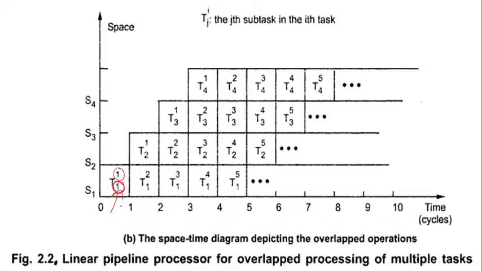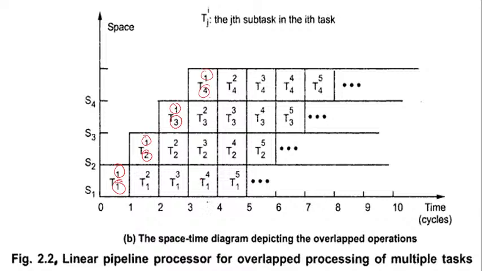Instruction one indicates the instruction in the first clock pulse, the first instruction in the second clock pulse, the first instruction in the third clock pulse, the first instruction in the fourth clock pulse.